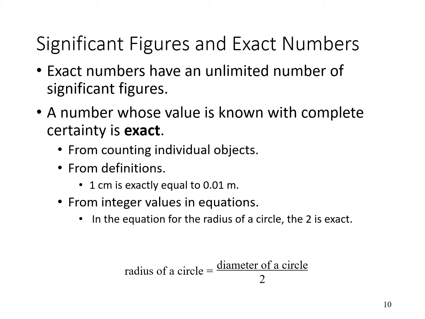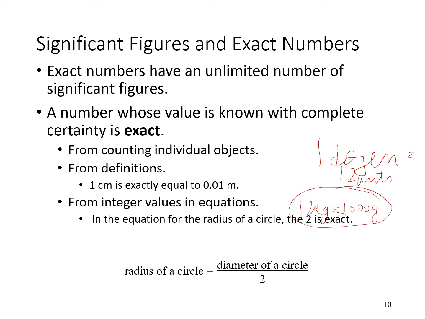If you're getting the number given to you by definition, which means if I tell you that 1 dozen is 12 units, that is a definition that I'm giving you, which means it's not significant. If I tell you that 1 kilogram is 1000 grams, I am giving you this definition. So in this case, number of sig figs does not matter. Number of sig figs are only important when you're making a measure.